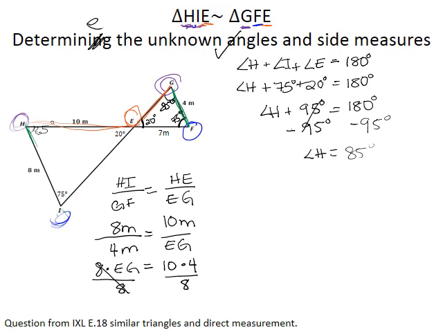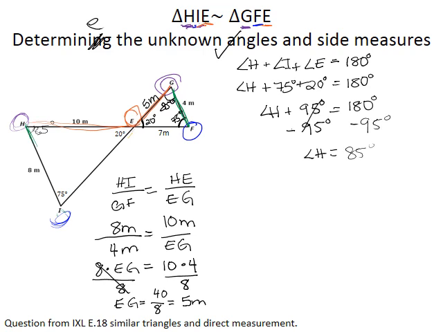So that means that EG must be equal to 10 times 4 divided by 8. 10 times 4 is 40. And 40 divided by 8 gives me 5. So that means that EG has to be equal to 5 meters. This is a very nice proportion. It works out using whole numbers, so it's pretty easy to do, and you might be able to do it in your head, but I need you to see how to do it mathematically.